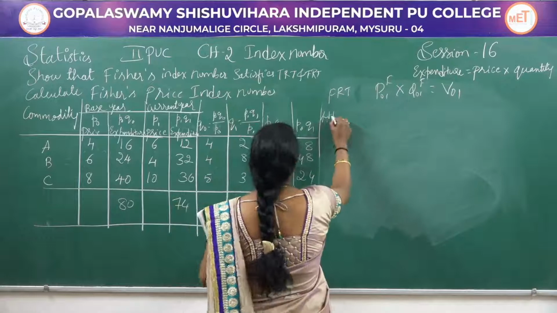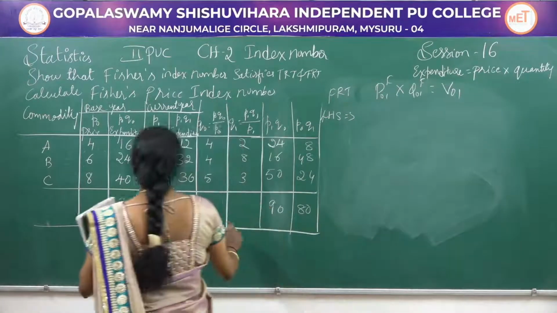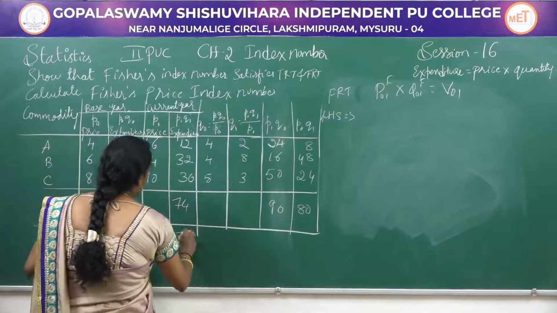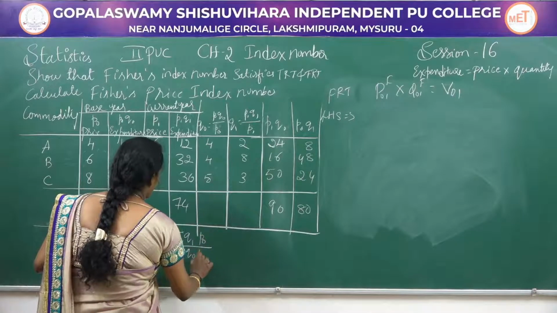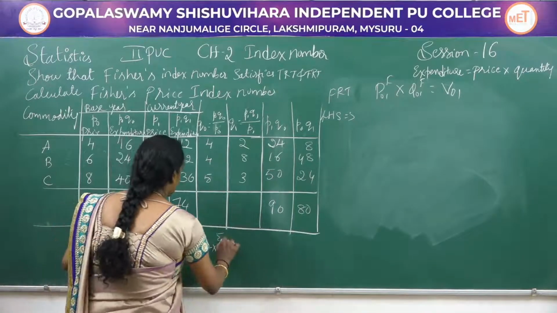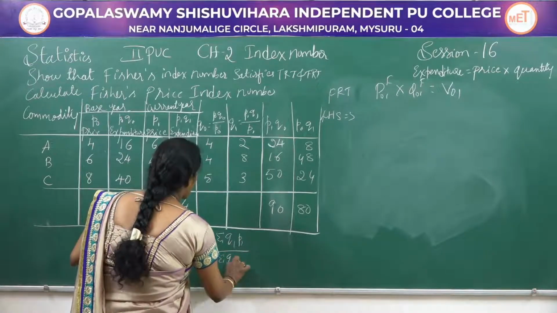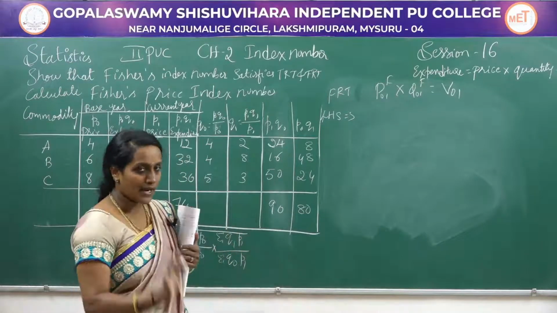So again I will take the LHS. Here I will write the formula for Q01 of Fisher's. It is the square root of summation of Q1 P0 divided by summation of Q0 P0 into summation of Q1 P1 by summation of Q0 P1. Here I will not multiply this by 100.